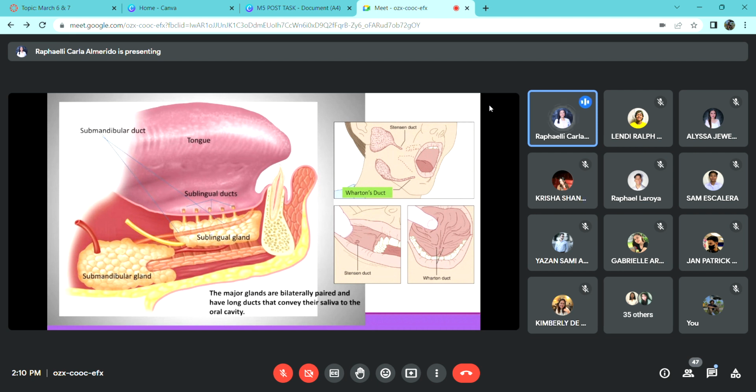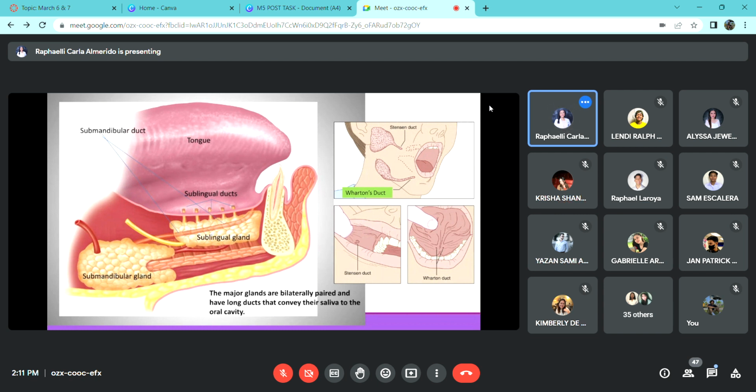Okay, so it passes diagonally across the medial aspect of the sublingual gland and the duct adheres or is in close proximity to the sublingual gland. Okay, and it opens at the sublingual papilla that we usually call the sublingual caruncle.